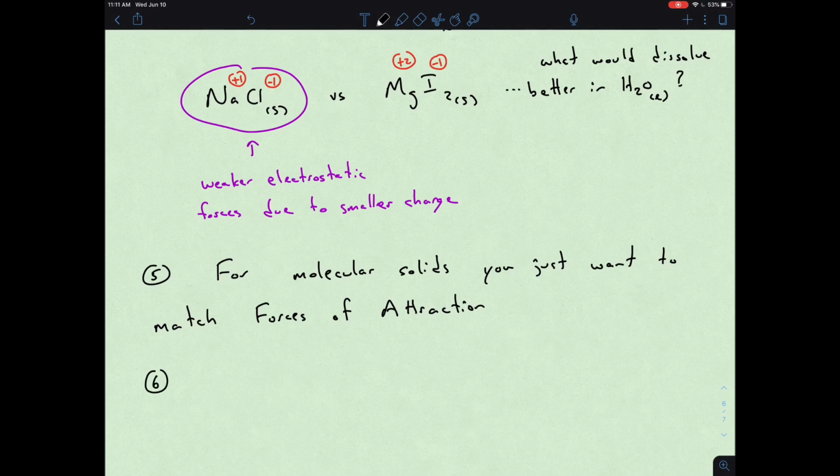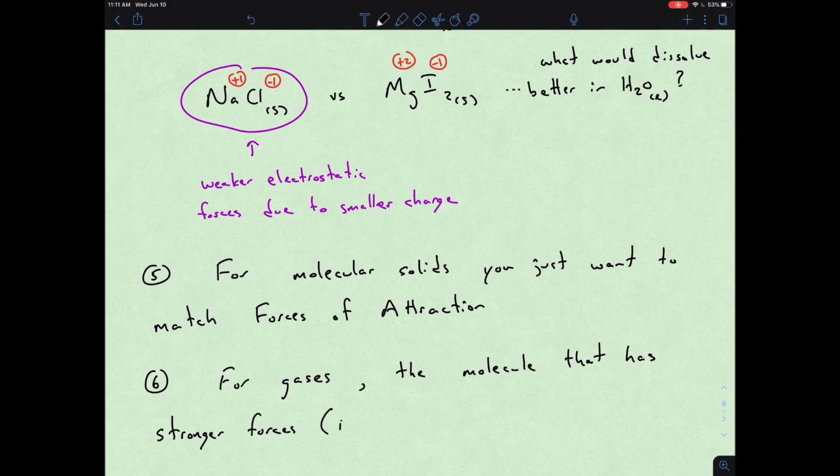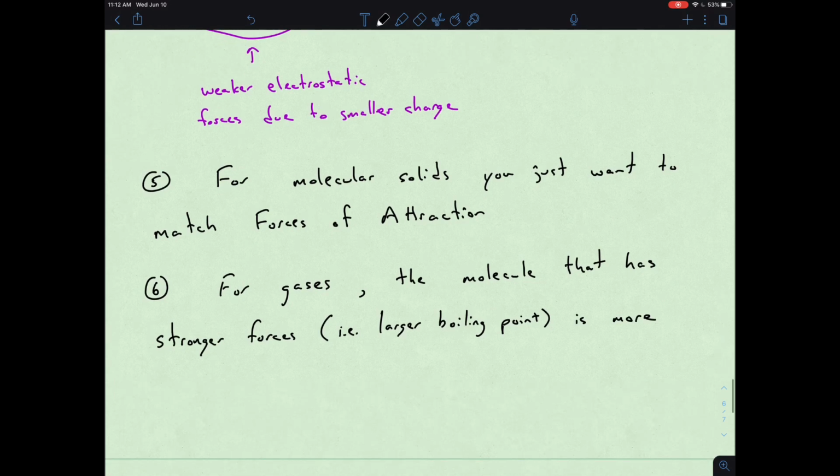Almost last in this type of prediction, for gases, the molecule that has stronger forces, i.e. that could be like a larger boiling point, is more soluble.